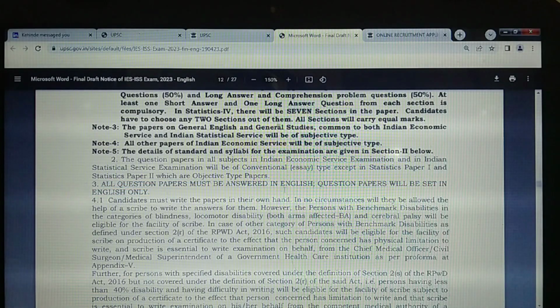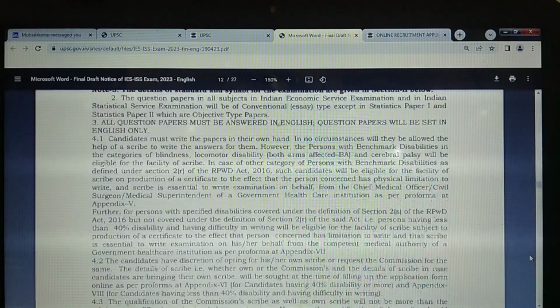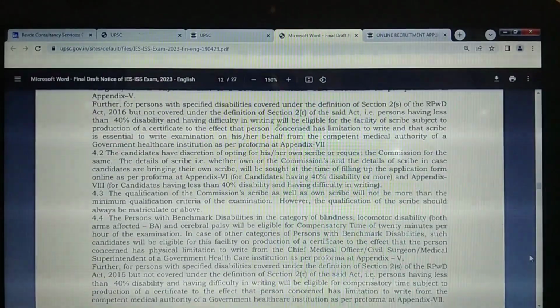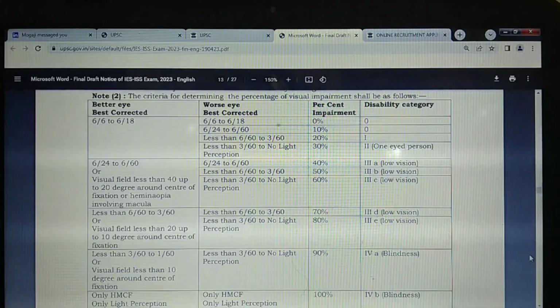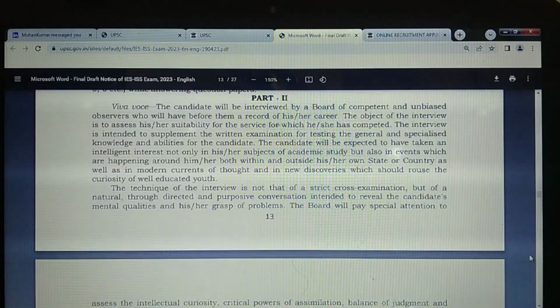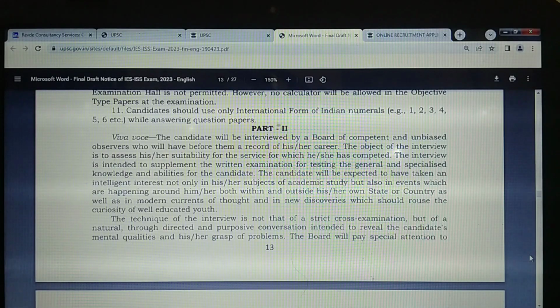Candidates must write the papers in their own hand. If the candidates belong to a benchmark disability, they get a time extension of 20 minutes as per the notification and the eligibility.